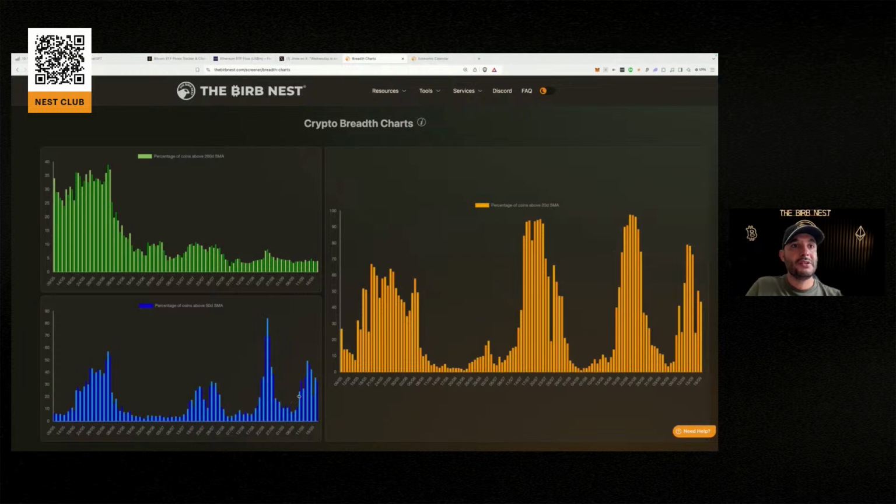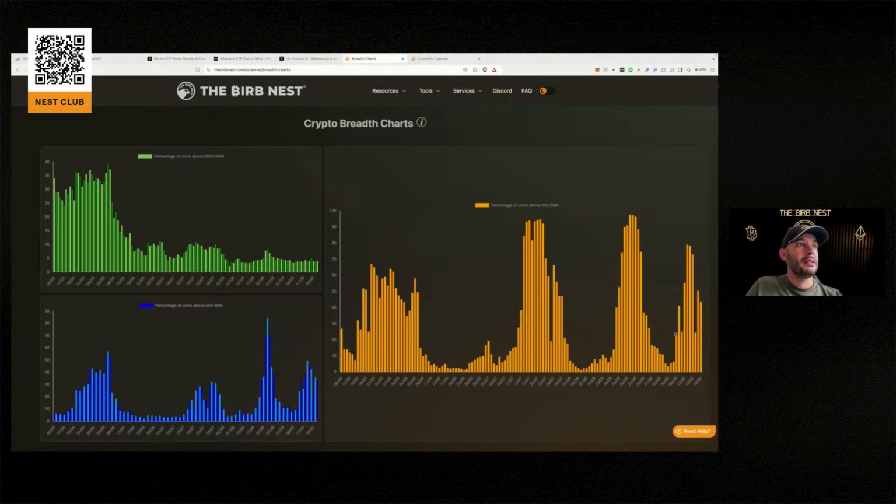We might have seen a recent uptick here, but still at the moment as we speak, 33% of all Binance USDT pairs are trading above their 50 MA, meaning 68% are trading below.